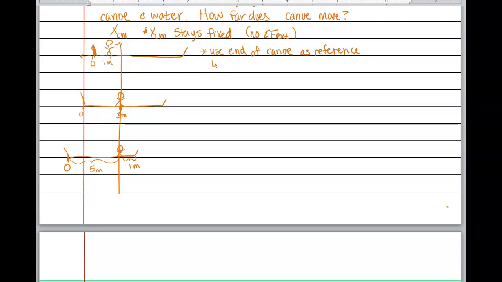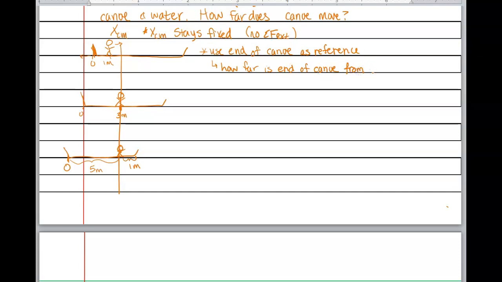Okay, so then we'll have the question, well, how far away is the canoe from the end of the canoe? Okay, for the astronaut problem, we just said, well, the astronaut as a whole is 0 meters away from himself. That's not going to work as well here. So how far is the end of the canoe from the canoe?